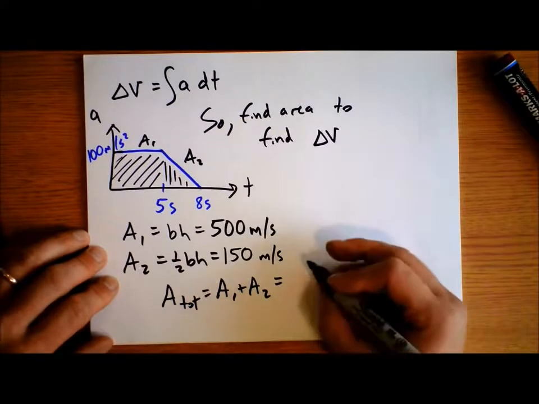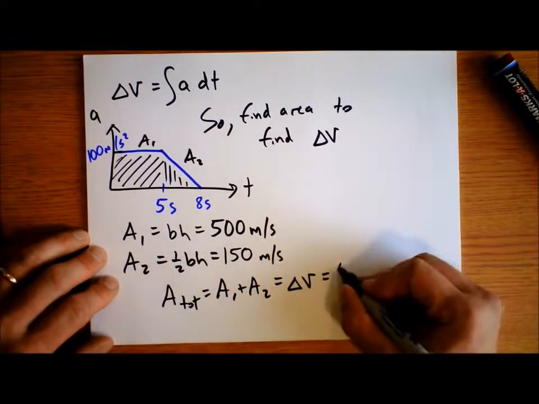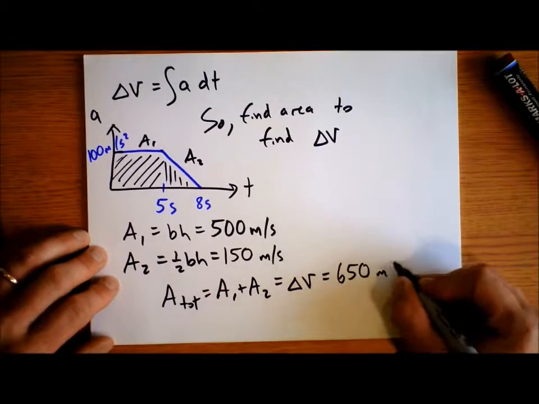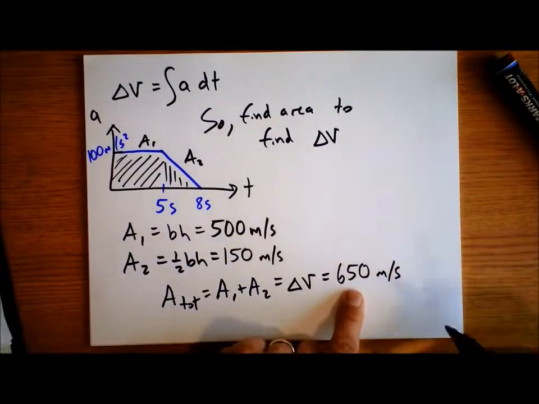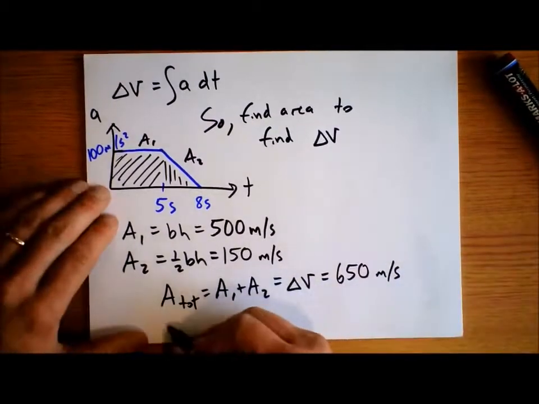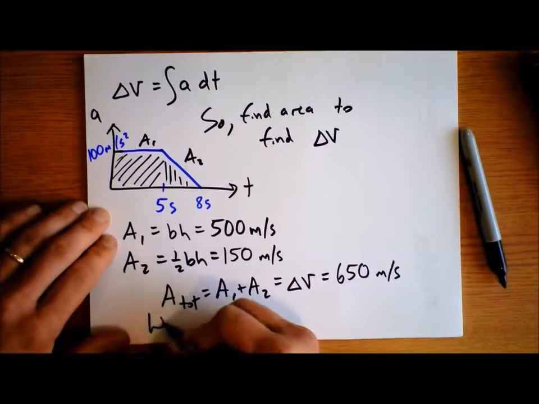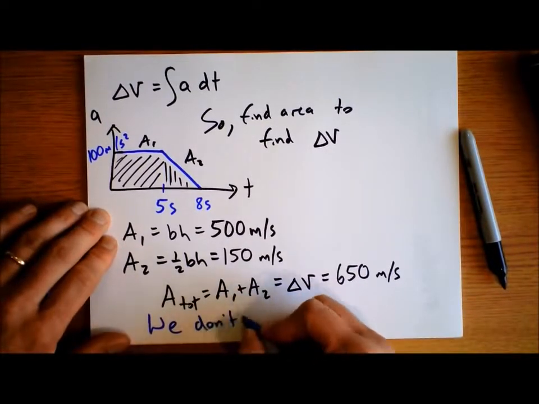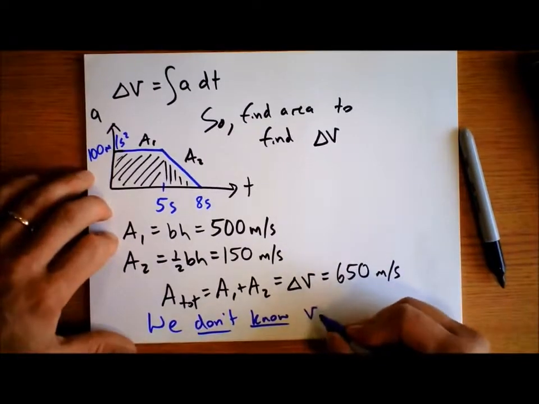We can therefore conclude that this is the change in velocity of the rocket, and that's 650 meters per second. So it's going that much faster than it was initially. But again, I should point that out, probably in blue, we don't know VI.